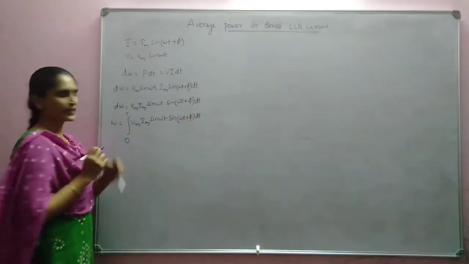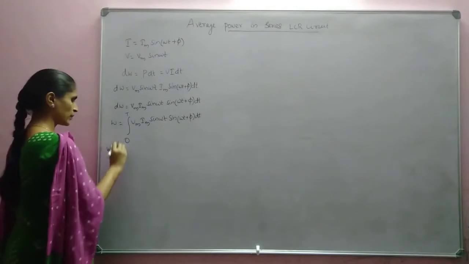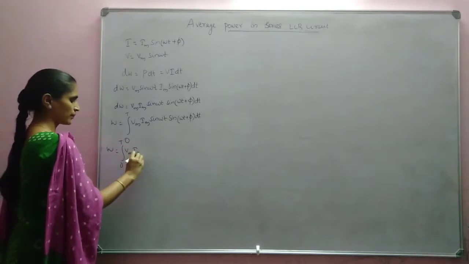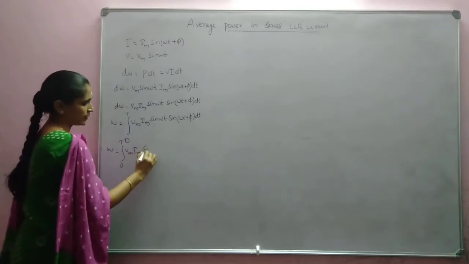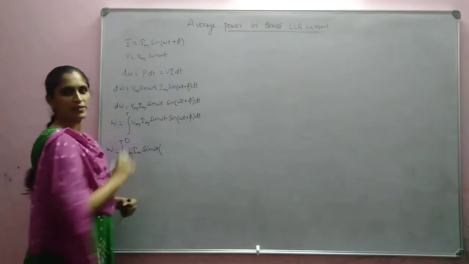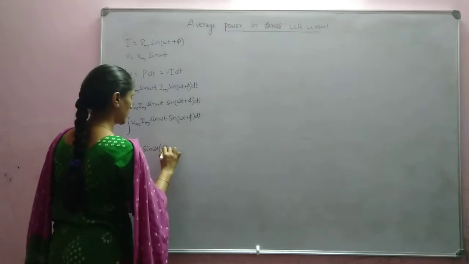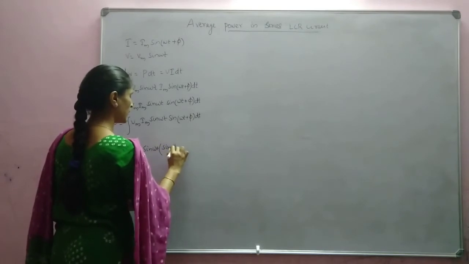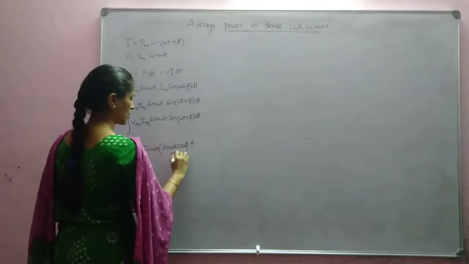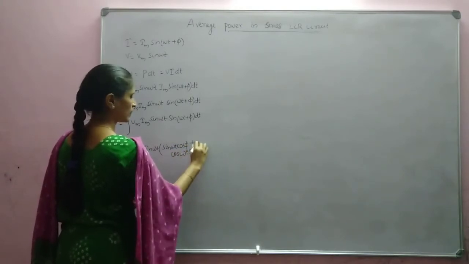We can expand this. So we can write W is equal to integral 0 to t Vm Im sin omega t, sin A plus B can be written as sin A cos B plus cos A sin B. So we can write sin omega t cos phi plus cos omega t sin phi.